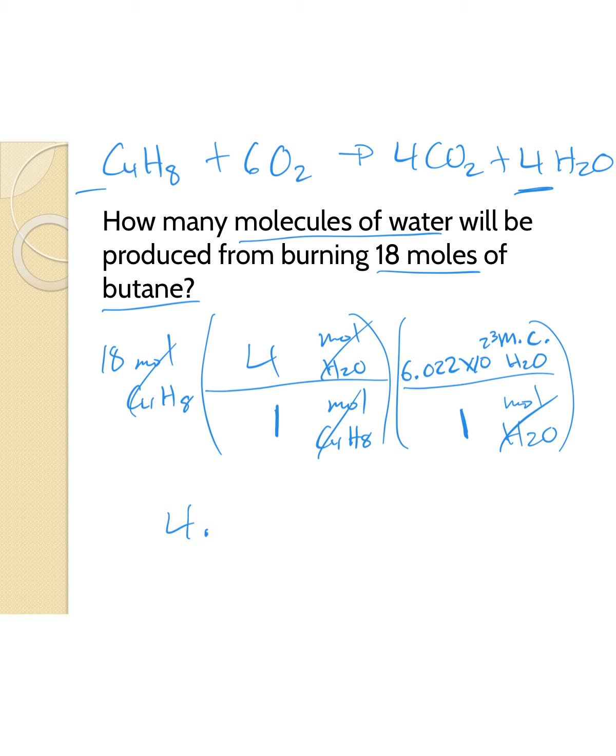And it gave me a pretty long number, but I'm just going to round it off to 4.336 times 10 to the 25th. And the unit is molecule. And the chemical in this case now is water. So here we don't just have the unit, but we have the identity of the chemical because we're converting it from one thing to another. So that's an example of a 2-bracket equation.